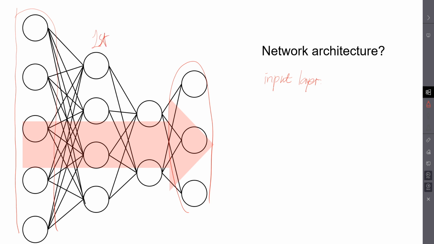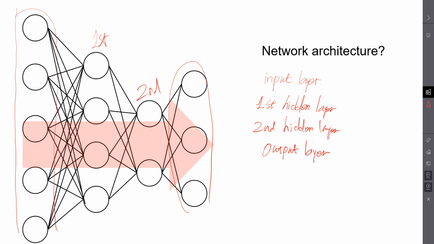So I say this is first one and this is second one. So we have first hidden layer, and then second hidden layer, and then output layer. And we have 5 nodes here, 4 nodes here, 2 nodes here, and 3 nodes here. So this is how we can describe the architecture of the neural network on the left side.